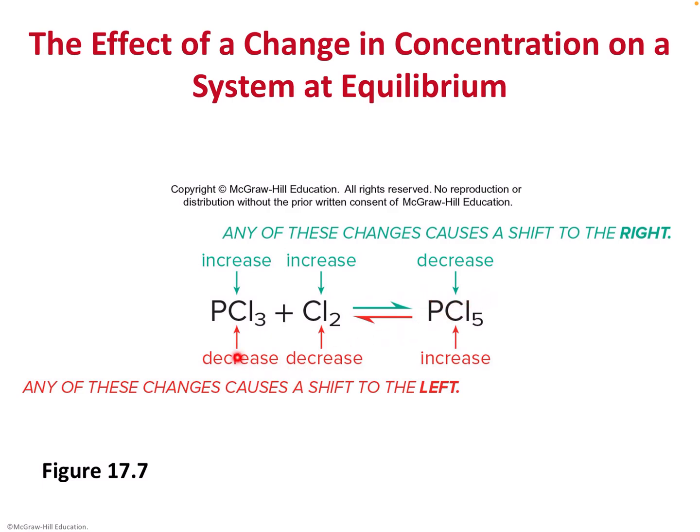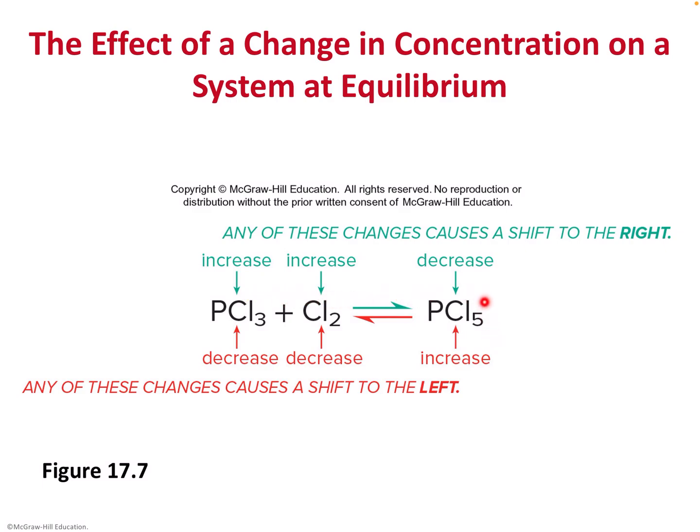And if you decrease any of the reactants, you are making them low. So then the PCl5 will start reacting to give you more of these, and the reaction will go in the reverse direction, from right to left. Similarly, if you decrease PCl5, the reaction will proceed making more of it.